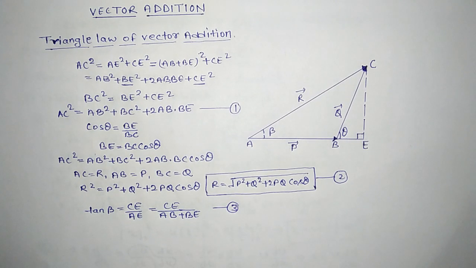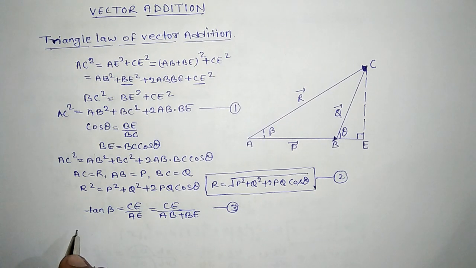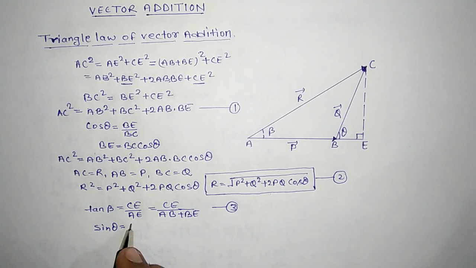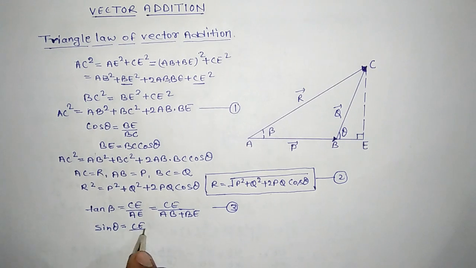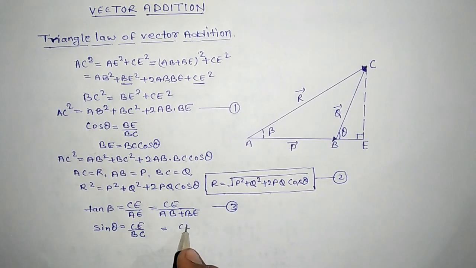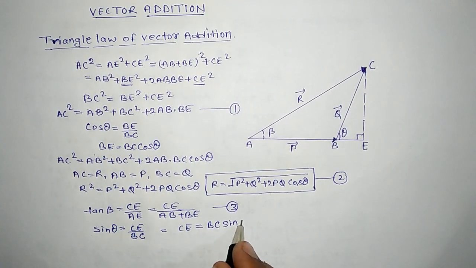Now if you calculate sin theta, the value of sin theta is CE upon BC, or from here we can write CE as BC sin theta.